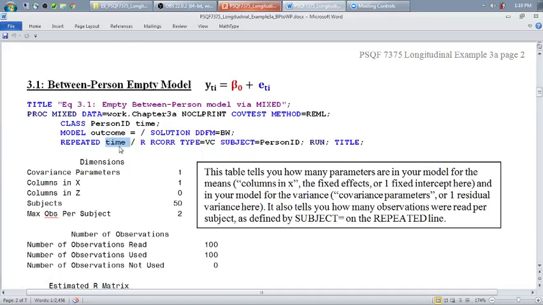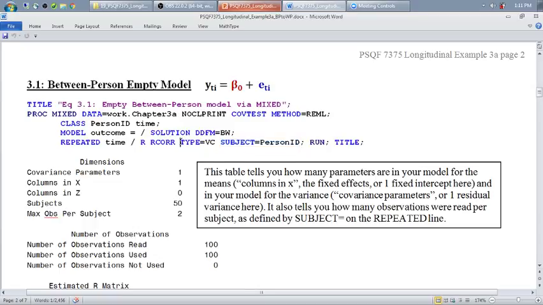So this is being treated as a categorical nesting identification type of variable, and that's why whatever goes here on repeated goes here on class. These options after the slash ask for pieces of output. When I ask for R and R core, I'm asking it to generate what the model is predicting for the variance and covariance across occasions, both in its original covariance form as well as in the correlation form. Subject equals person ID tells it how the occasions are organized that go to the same person.